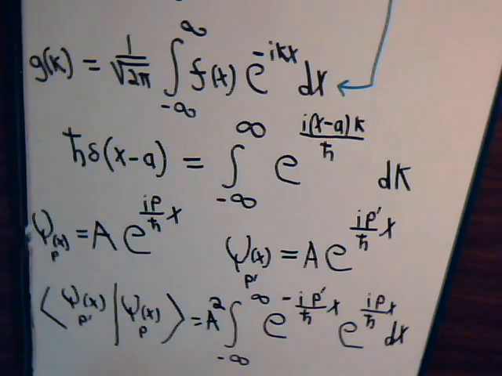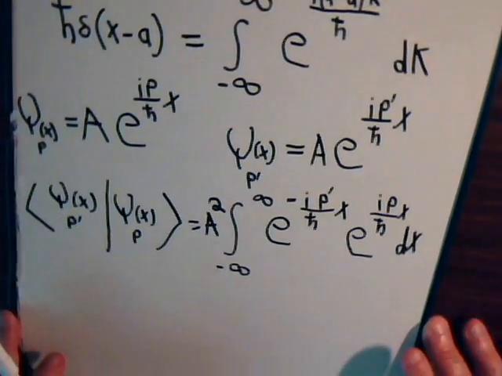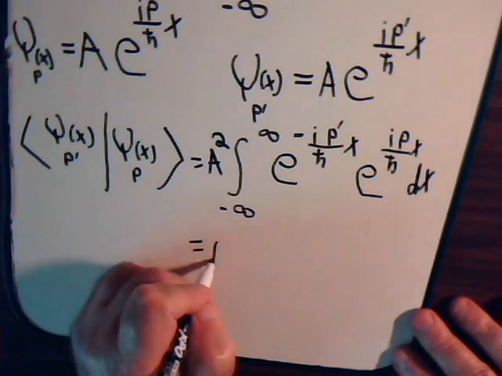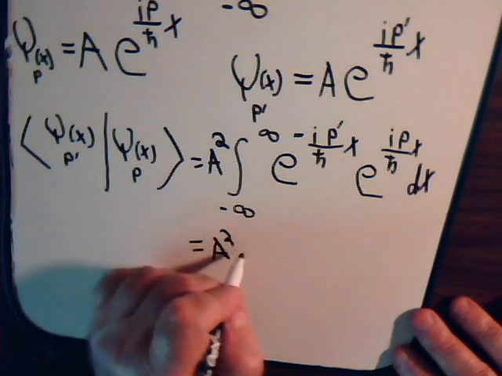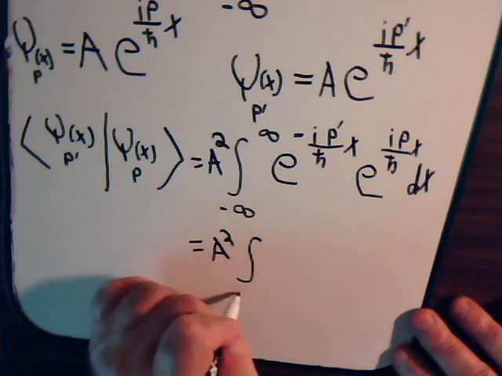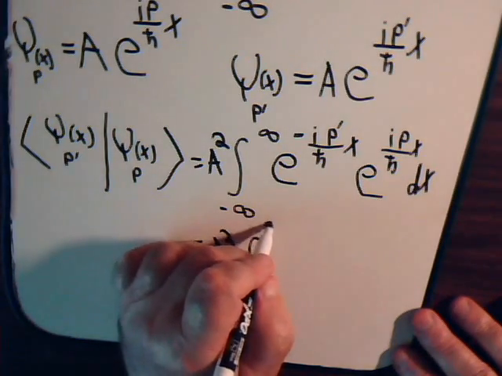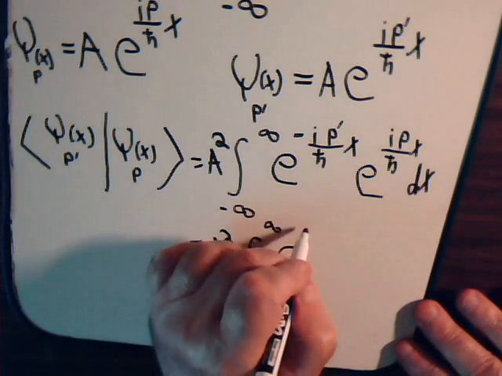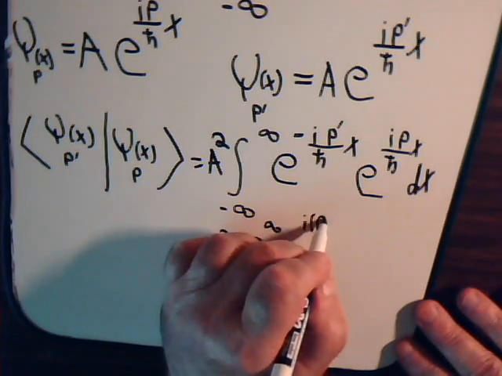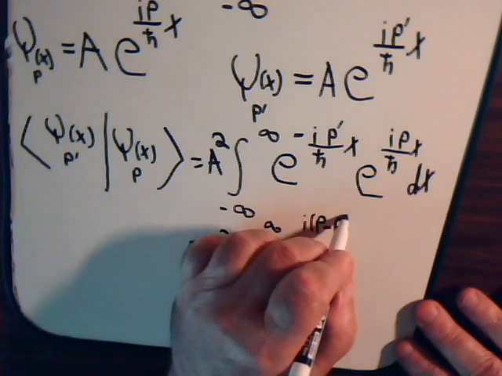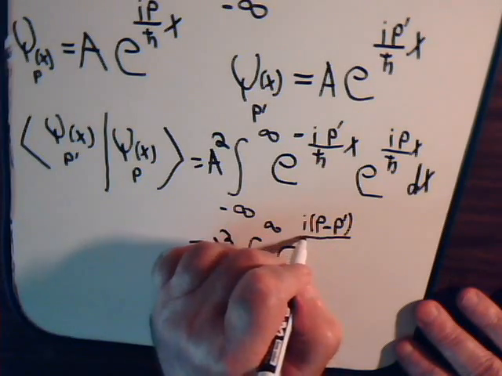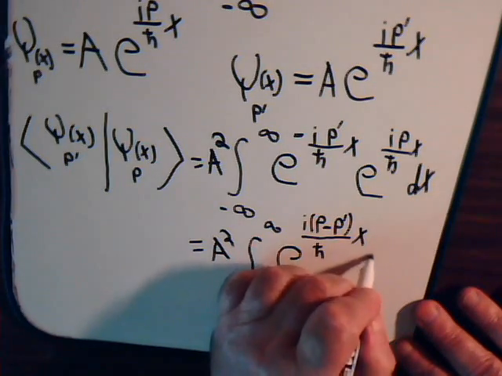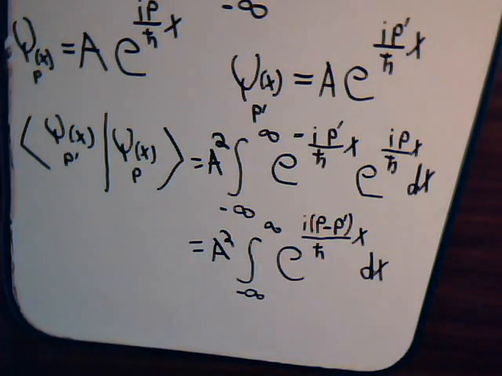We have this expression, and it looks like we can simplify this. This equals a squared, the integral of e to the i (p minus p prime) x over h bar dx.